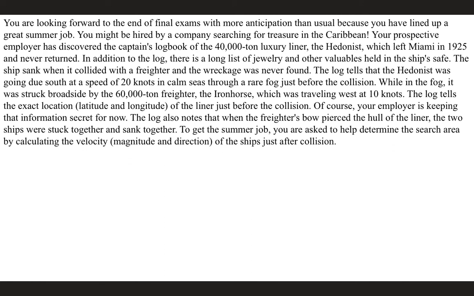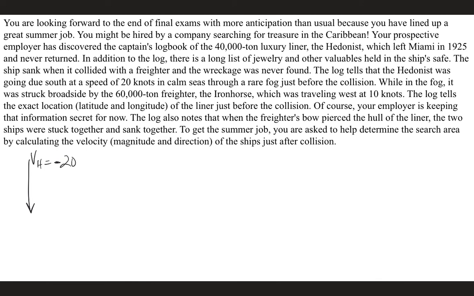Here, similar kind of situation. Looking back in time, the hedonist, I think, some ship was going south. So that would be a minus 20, I think it was, 20 knots. We don't even care about the units, at least double check that.